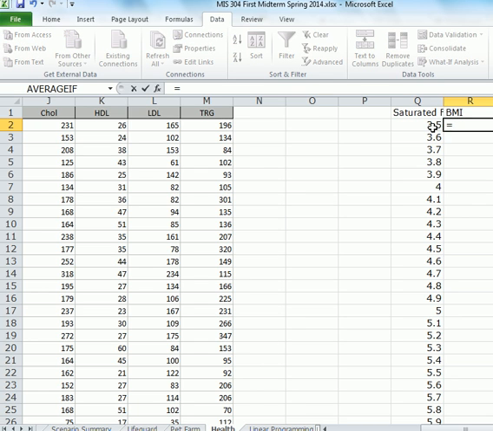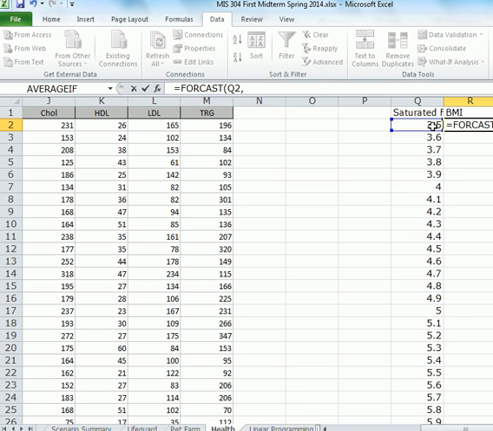So it is equal to forecast the value for the saturated fat. And there are 3 arguments for forecast. So remember, forecast has 3 arguments. One is the single value that I have for the saturated fat. It is saturated fat, comma, all values for BMI and then all values for saturated fat.